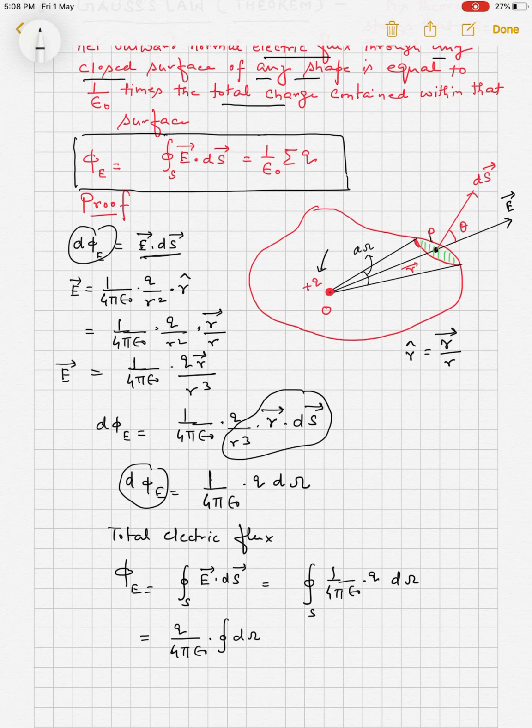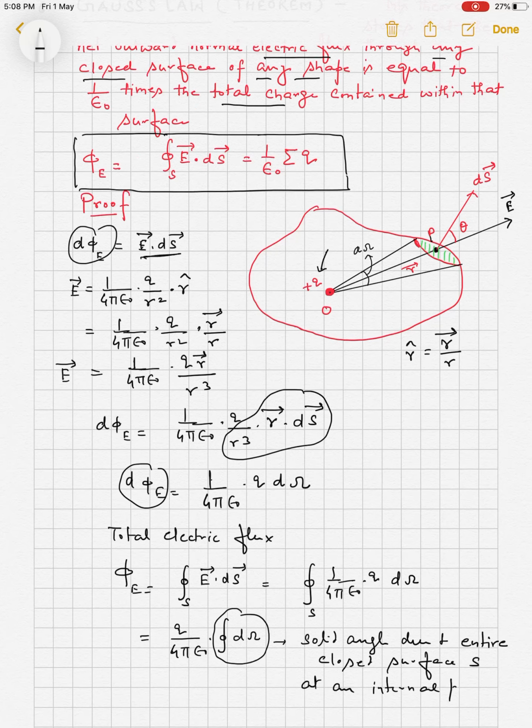So this integration d omega will be the solid angle due to the entire closed surface S at an internal point O, which is equal to 4 pi.